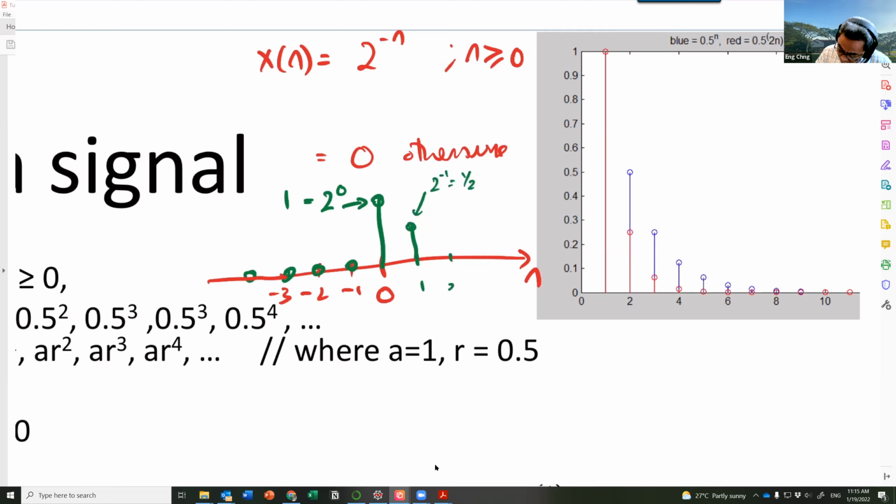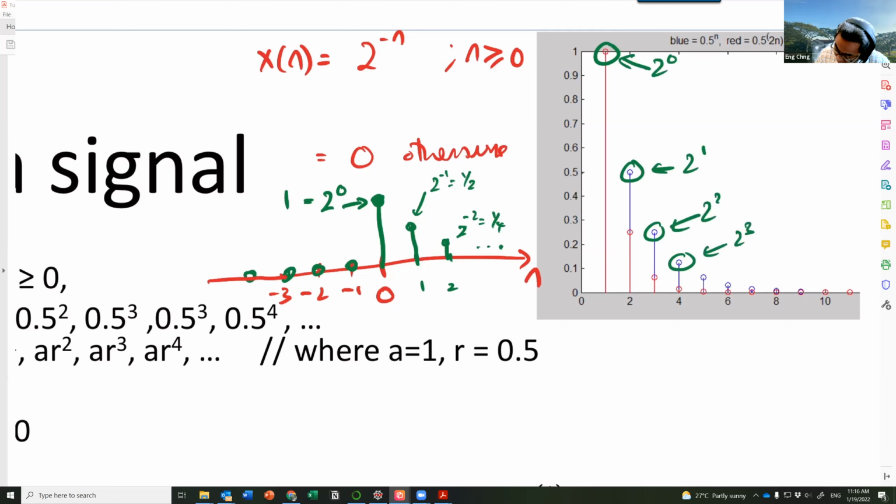What about index 2? 2 to the power minus 2 is 1/4, and so on. So we have that sequence. The first one is 1 for time index 0, then half, 1/4, 1/8, and so on. So this is the line that I'm drawing. This is 2 to the power 0, 2 to the power 1, 2 to the power 2, 2 to the power 3, and so on. Right. So we have this sequence.